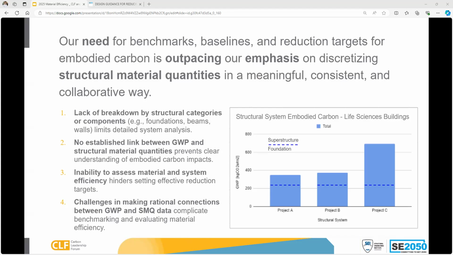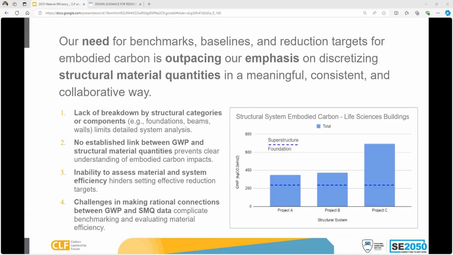At best, sometimes we break things up between the superstructure and the substructure or foundation. But let's say in this example that the impact of the foundations was exactly the same for each one. We're severely limited in what we can do in terms of a detailed analysis because there's no breakdown of the different structural categories within that GWP number.